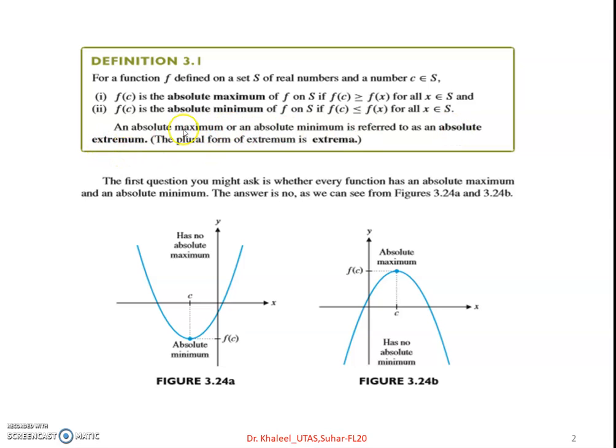Any one of these is called an absolute extremum. If you combine them, it becomes extrema. So extrema is the plural of extremum. Remember these words, which we will be using quite frequently in week 8, in this particular topic. So let's see some examples here.